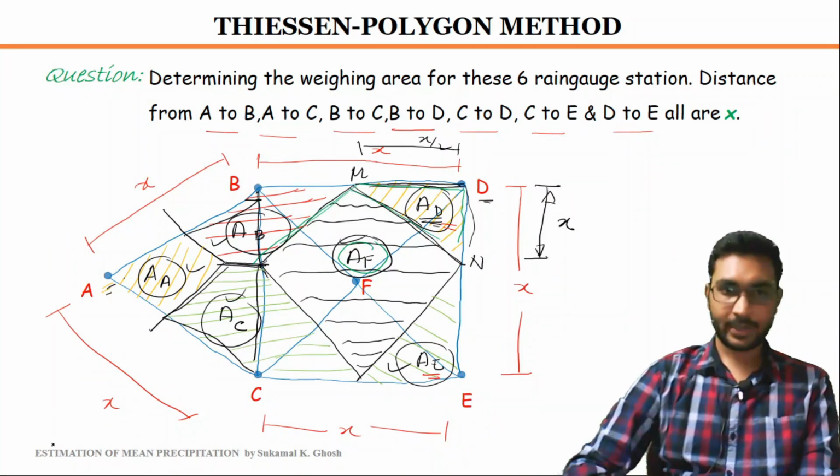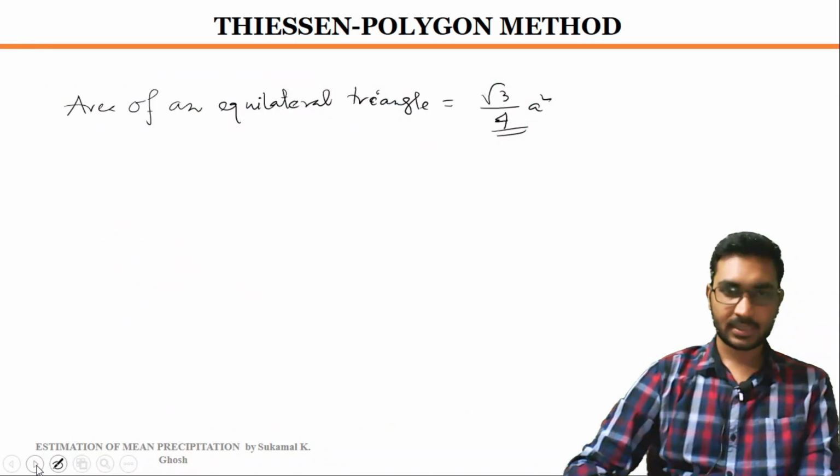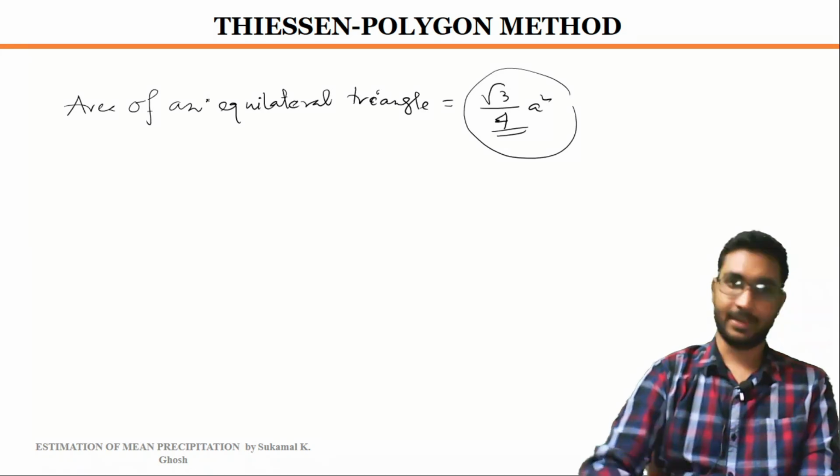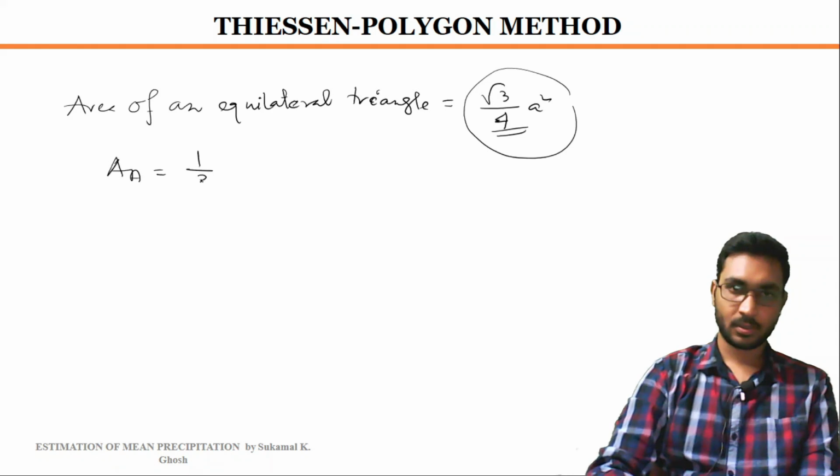So it means if you divide this area by 3, you can get AA. So AA is equal to 1 by 3 into root 3 by 4 x square.